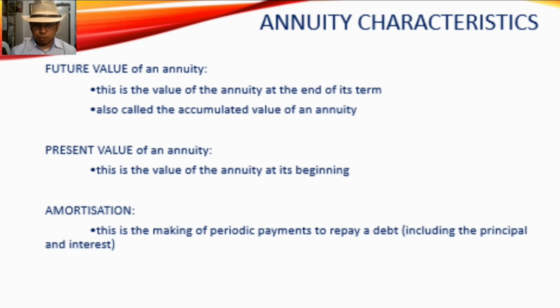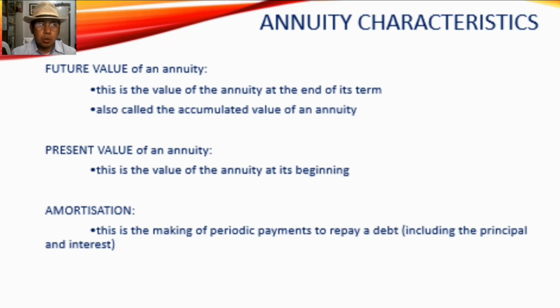Another one is amortization. Now, what do we mean by amortization? This is the making of periodic payment of a loan or any investment for that matter. Definitely this is always applicable to a loan.